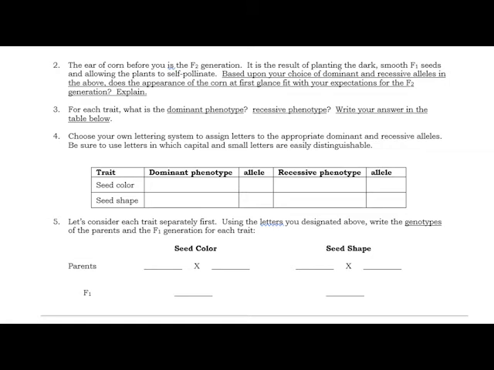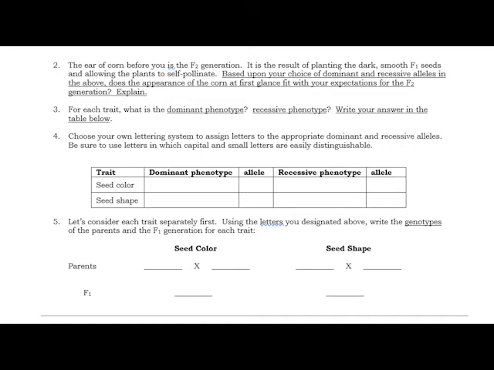Here, you're going to have to answer question number 2, which states that based on your choice of dominant and recessive alleles above, does the appearance of the corn fit with your expectations for the F2 generation? So look at that chart that you just filled out with the phenotypes, remembering, of course, phenotypes are words, and do they match your expectations as you look at the images of the corn that have been posted for you?